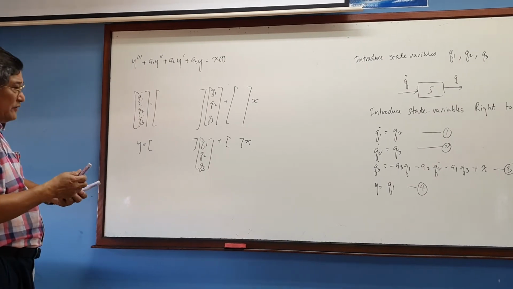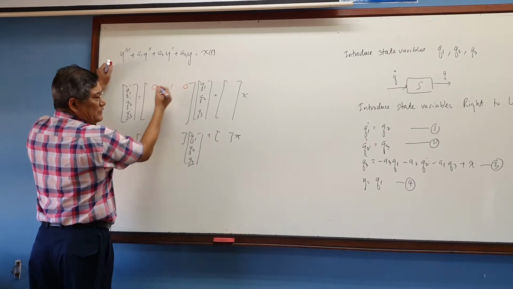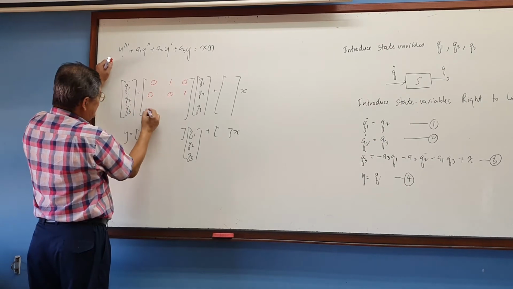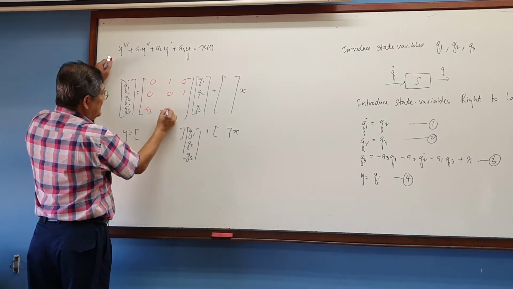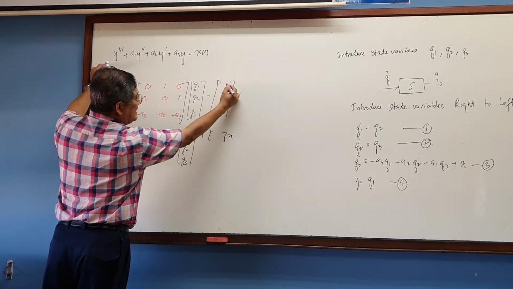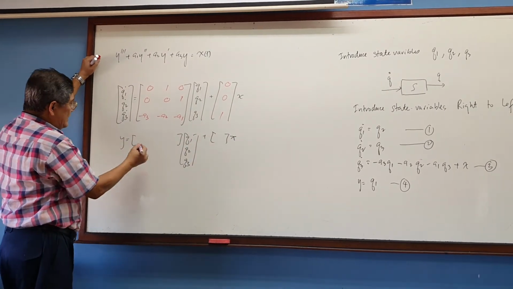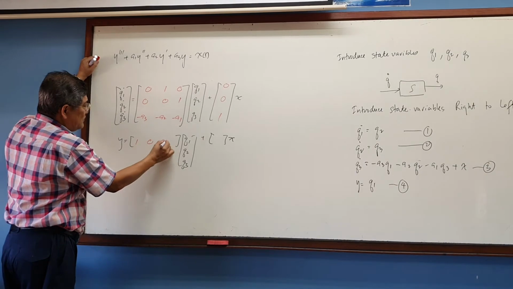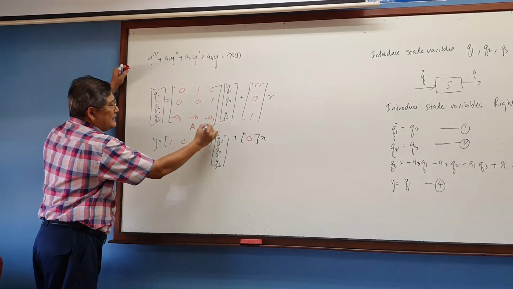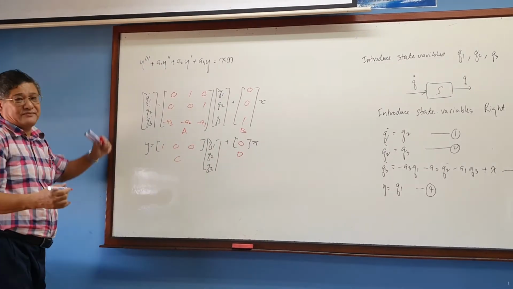From the first equation, you observe that only Q2 appears, so you will have 0, 1, 0. The second equation, 0, 0, 1. The third equation, minus A3, minus A2, minus A1. The B matrix is 0, 0, 1. And the output will be 1, 0, 0, and 0. So these are the matrix A, the matrix B, the matrix C, and the matrix D.